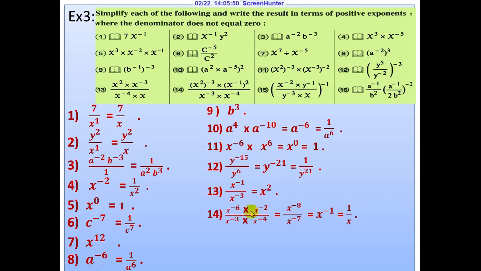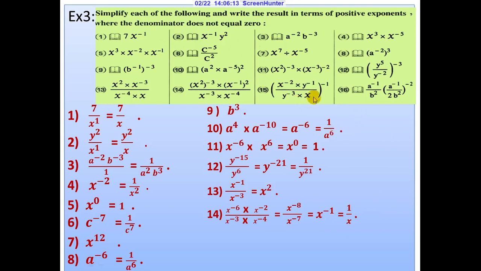By simplifying, the numerator will be x^-8 and the denominator will be x^-7. When we divide, we write x and subtract their powers to get x^-1. Finally, it will be equal to 1 over x.